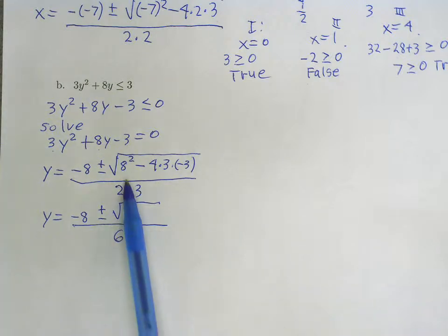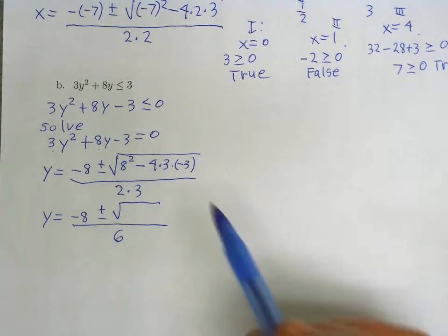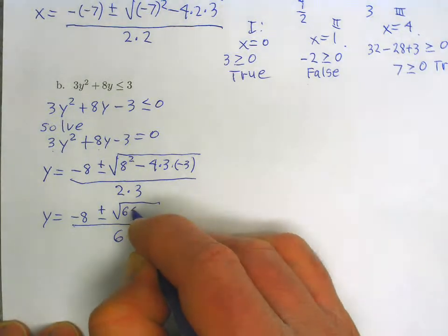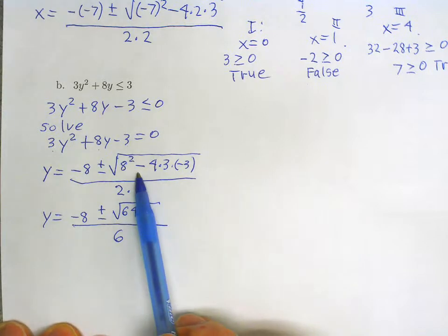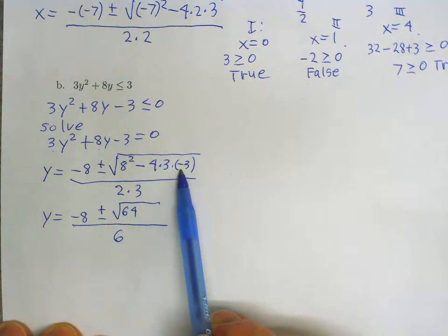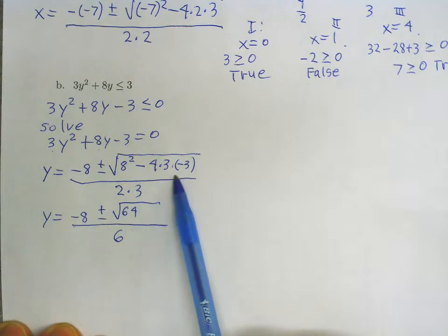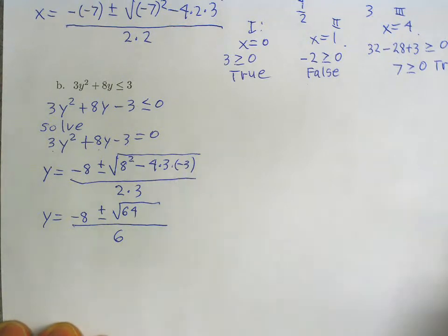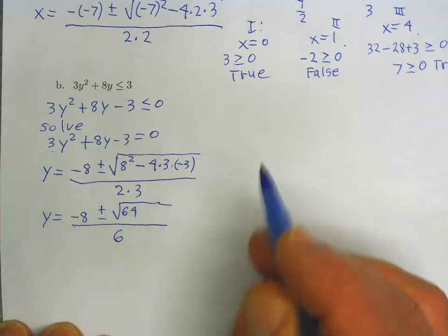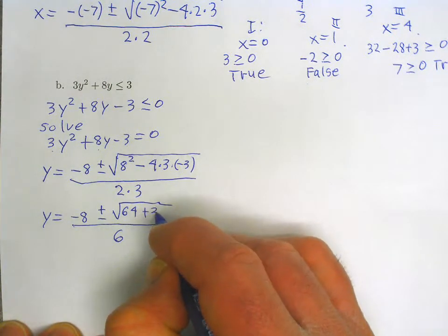Okay, so inside the square root, 8 to the second is 64. And we're subtracting 4 times 3 times -3. So it's 64 minus -36. But that is the same as adding 36.